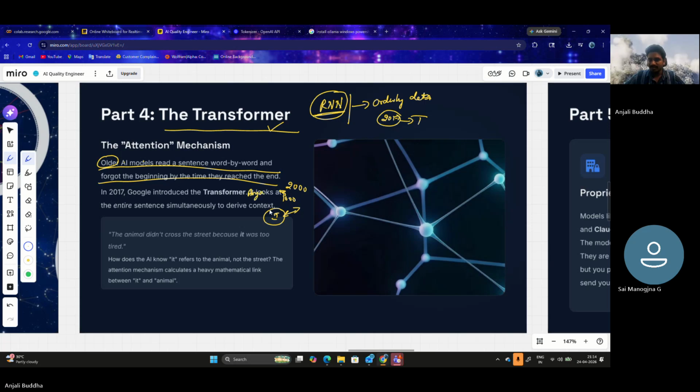Correct? This link used to be broken in the RNN. It was good with orderly matters, but to refer back and link the words was a flaw for RNN.